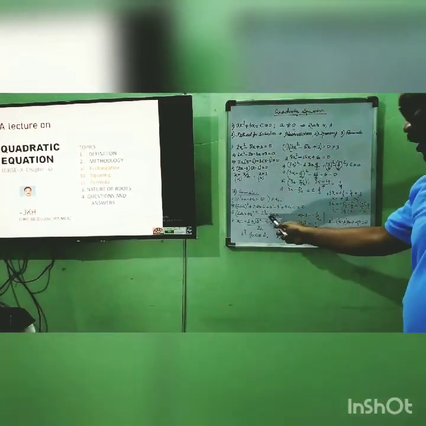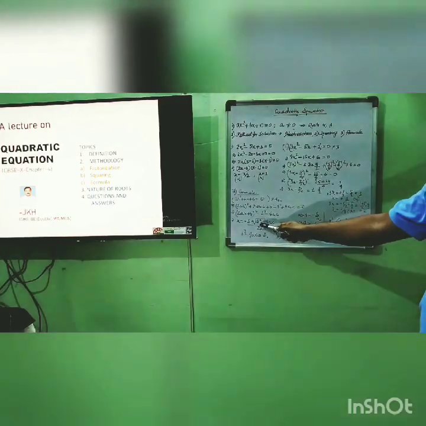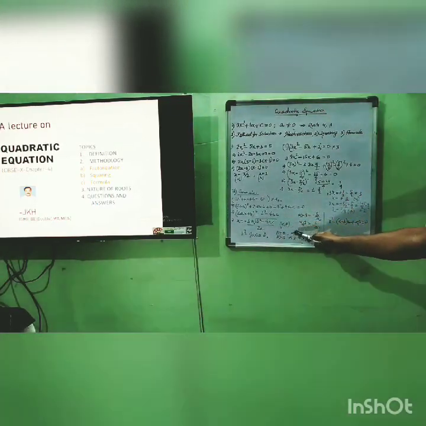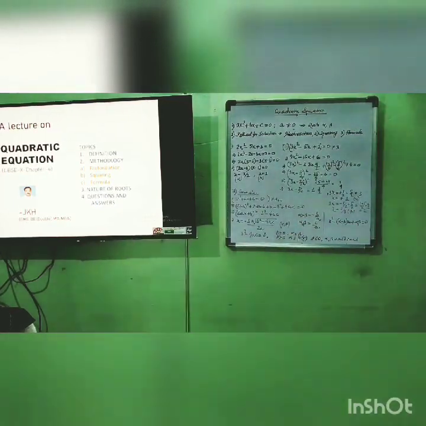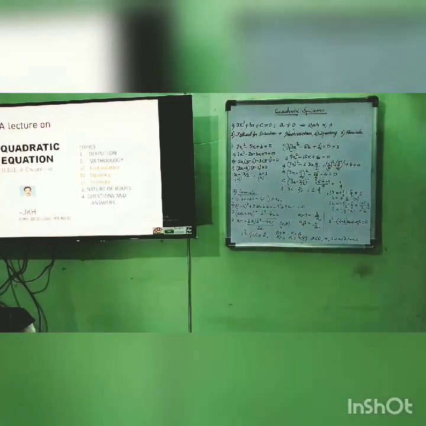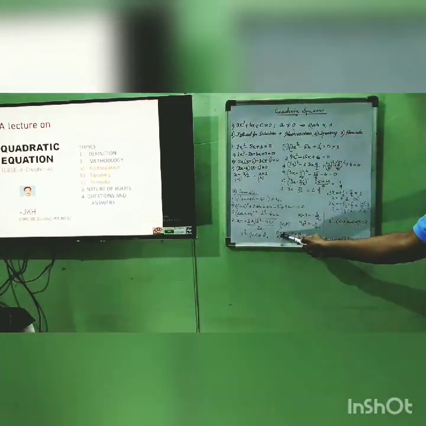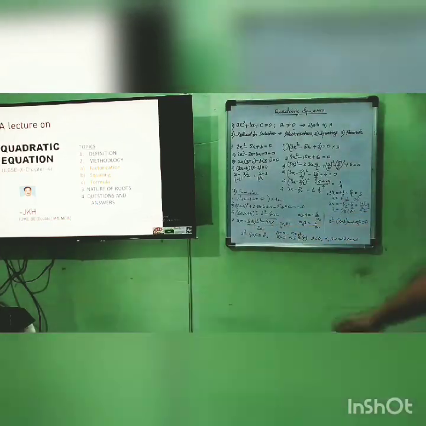Here in the formula, you see this under root segment, that is b square minus 4ac, that is very important. That is actually known as D. D means discriminant. That will help you to find out the nature of the roots. Say D equal to 0, that time this factor will be 0, so alpha will be equal to beta.